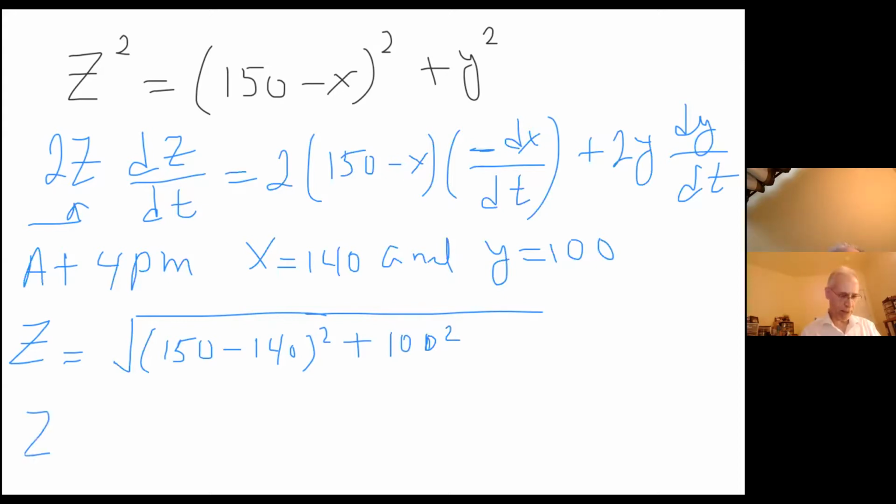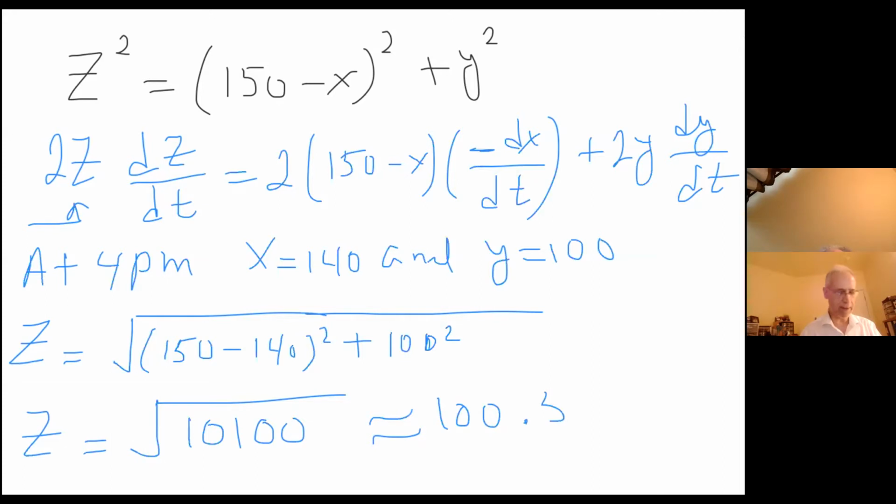And so z equals the square root of 10100, and that roughly equals 100.5 kilometers. So now I have the value of z, I know dy/dt, I know dx/dt, I know x, I know y. So now it's time to plug in the numbers.